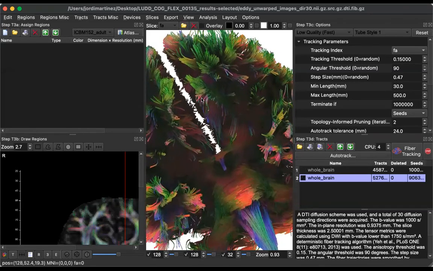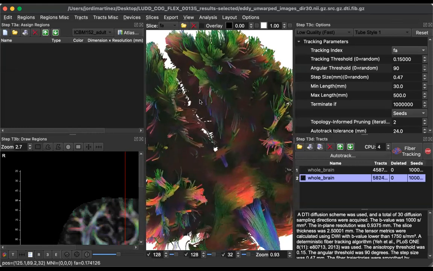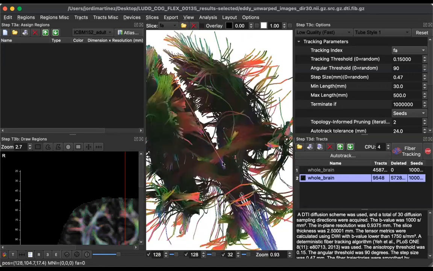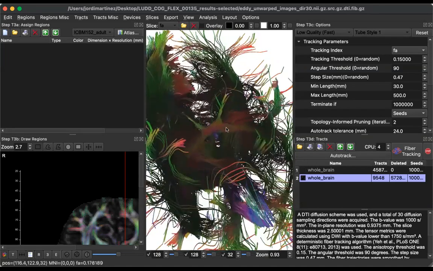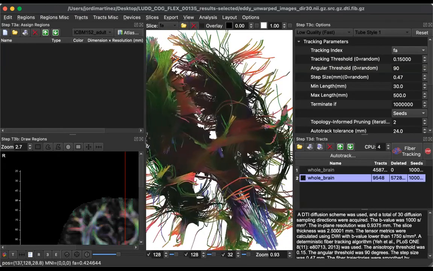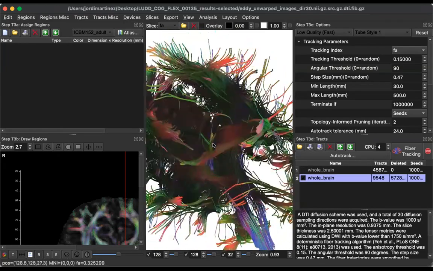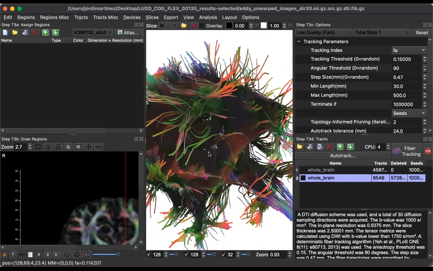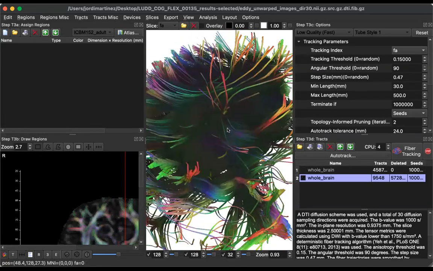So no anterior commissure. No, it doesn't look like it. Where? That red thing? That's the optic. Everyone take your anatomy.